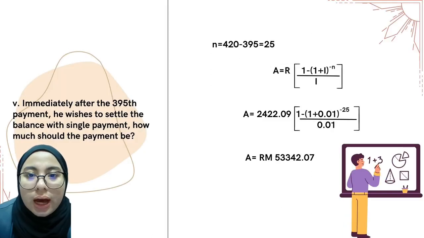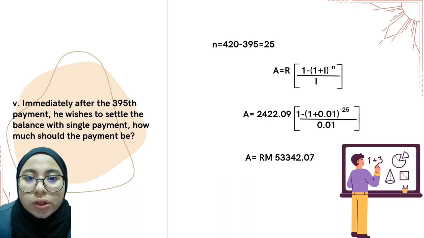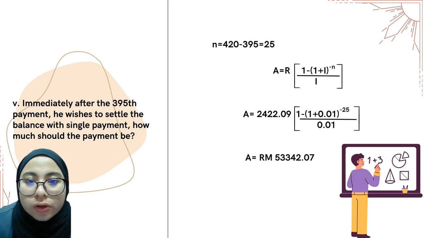The last question is, after the 395th payment, Joshua wishes to settle the balance with a single payment. How much should the payment be? I use the present value formula again for this question, but this time we need to find the value of A. So the new n is 420 minus 395, equal to 25.